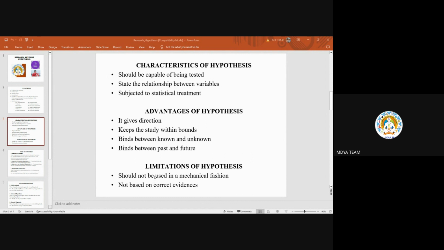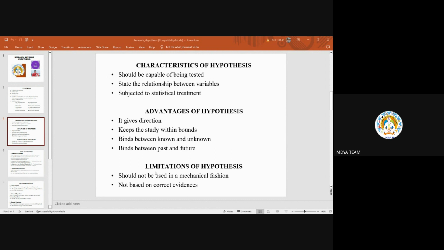We are not supposed to add anything for an aesthetic sense or false assurance, for fantasy purposes, for phrasing, or just for keeping the sentence attractive, and it is not based on correct evidence. While giving the hypothesis, we do not have any evidence.